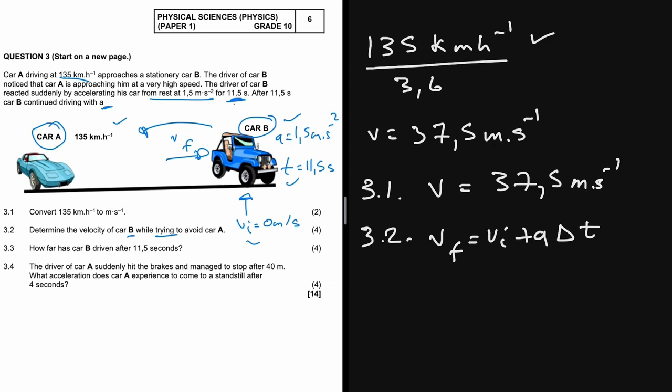Because we are dealing with equations of motion, direction is very important. This car was moving in this direction, so it was accelerating in that direction, and the velocity will be in the very same direction. We can just say that direction is positive, so the velocity and the acceleration are both positive.